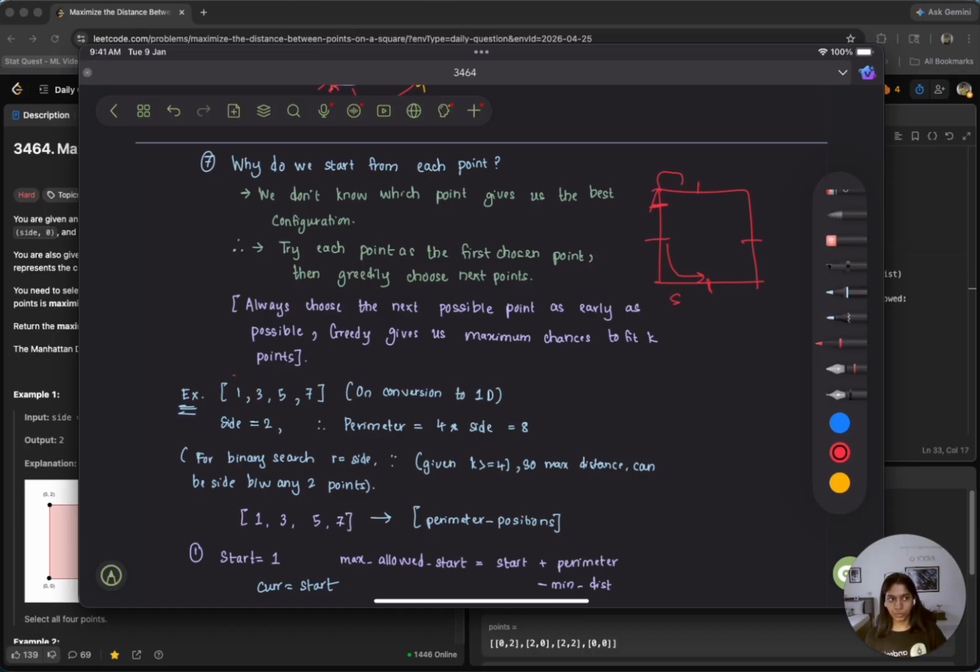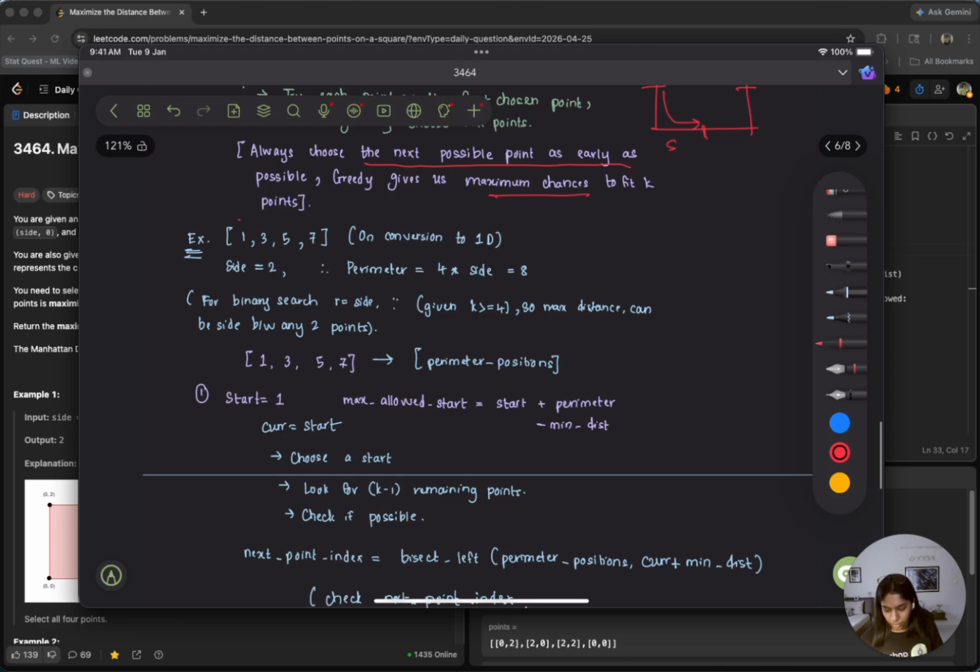Because if I keep doing that, I might not be able to fit k points. Since the array is sorted and we were able to fit that minimum distance, I just want to take the very next point. I'm being greedy here. So you always choose the next possible point as early as possible, and by the nature of being greedy, this gives us the maximum chance to fit k points.